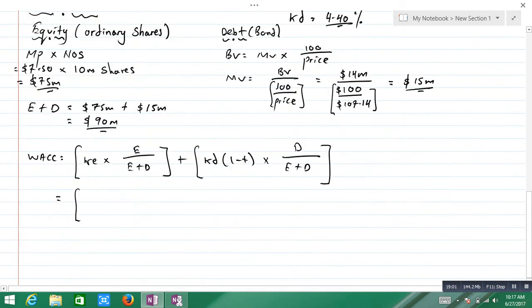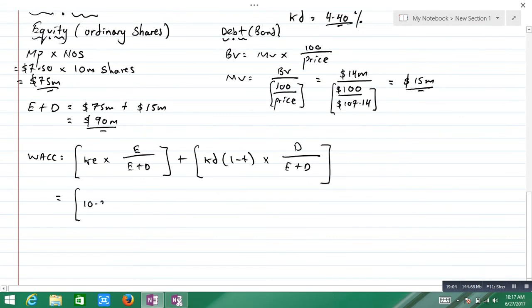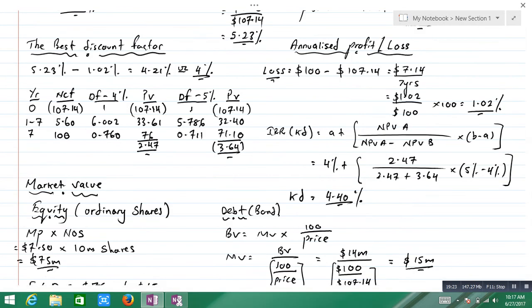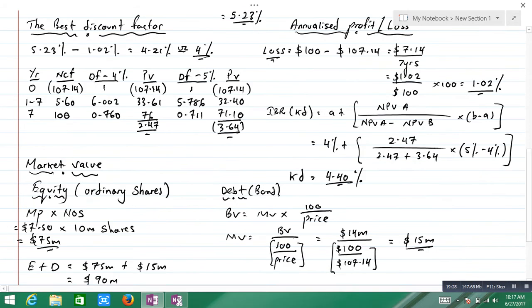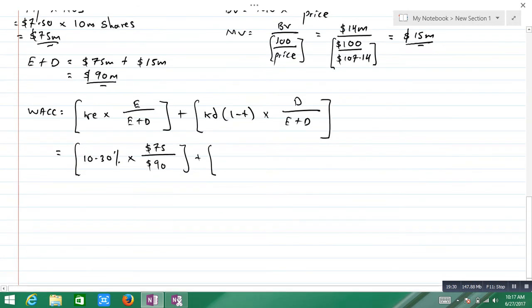Our KD, now no need to minus the tax because we already minus here. Our interest is already post-tax interest, so don't go minus again. So our KD is going to be 4.4% times the D, 15 million over 90 million. Now that will give you 9.32%. So that is our WACC answer for part A.